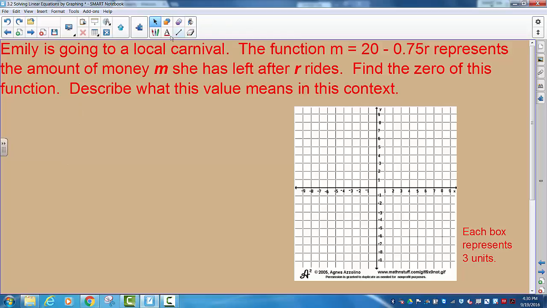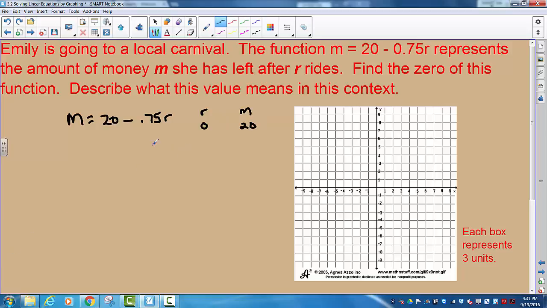Okay, so let's go. We've got m equals 20 minus 0.75r. So let's try some numbers here. Let's try 0. So we start out with 0 as r, and we get m over here: 20 minus 0, because 0.75 times r would be 0, would be 20.